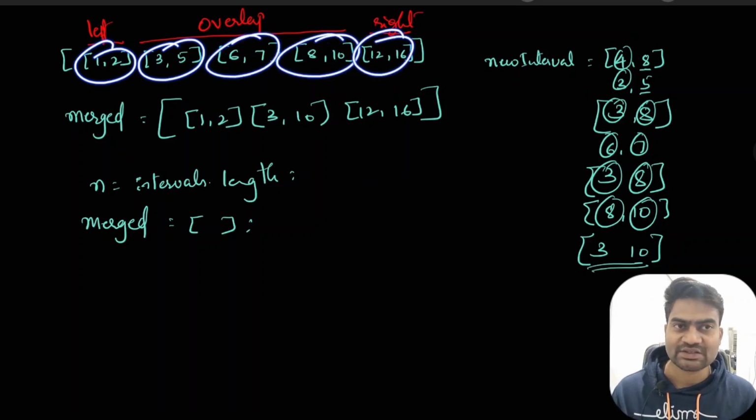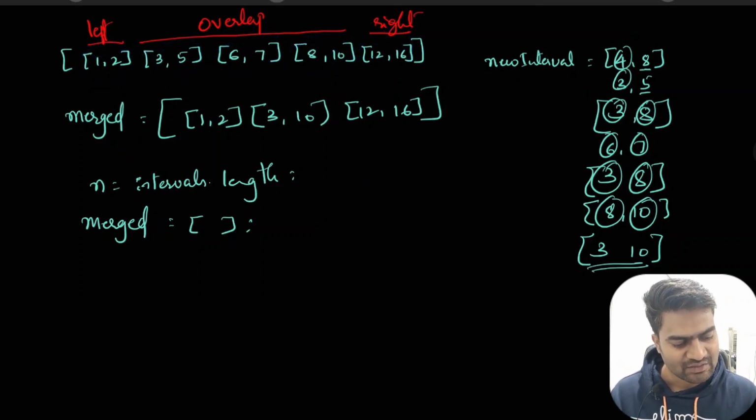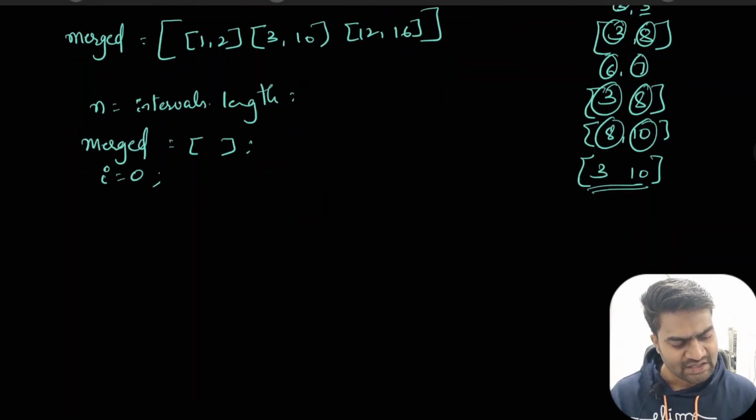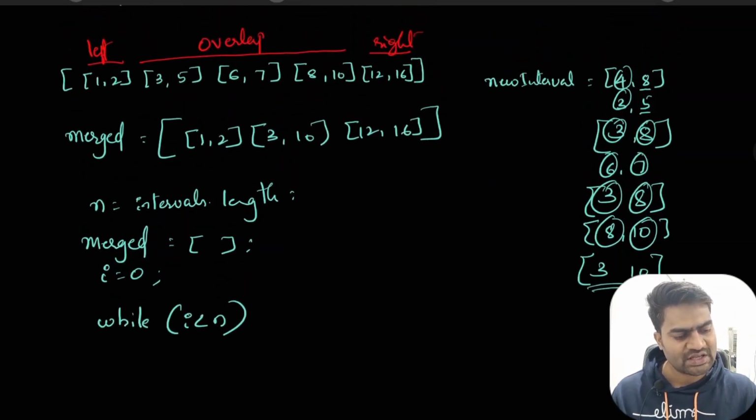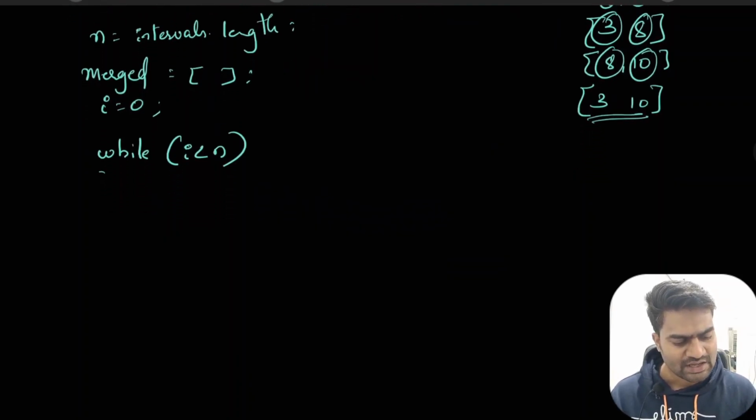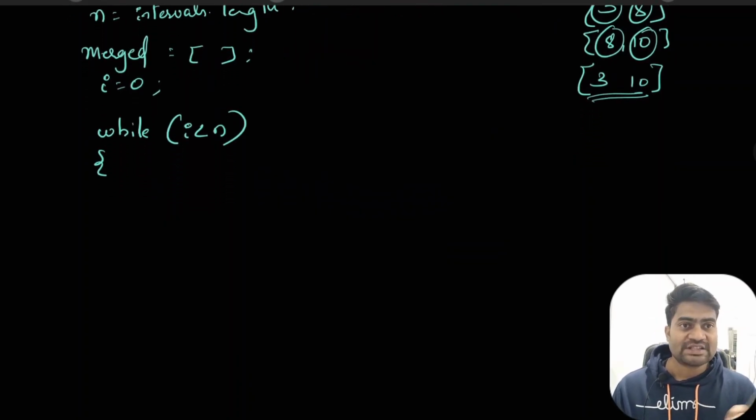So for that, I will take one variable, which is i equal to 0. I will start with my first interval value. Now while i is less than n, because we started from the first value and iterated till the n minus 1th index, I will start processing.